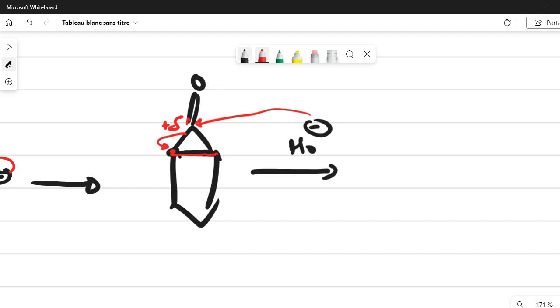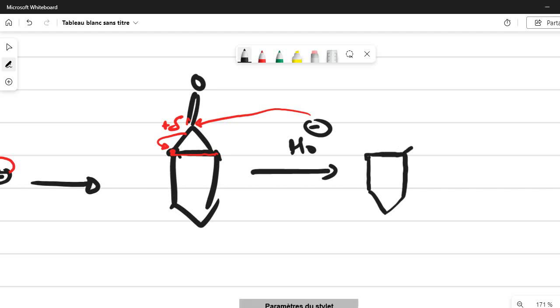We're going to form, let me just draw this part that we haven't touched. We still have this bond here between these two carbons, and we still have this one.